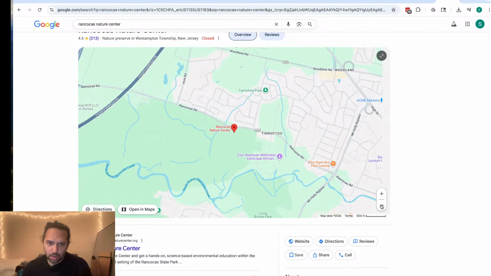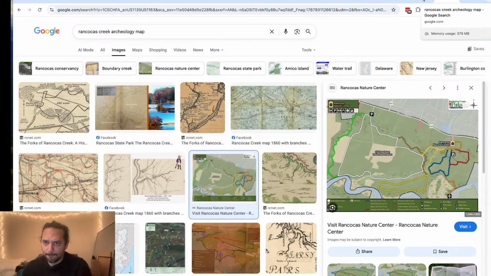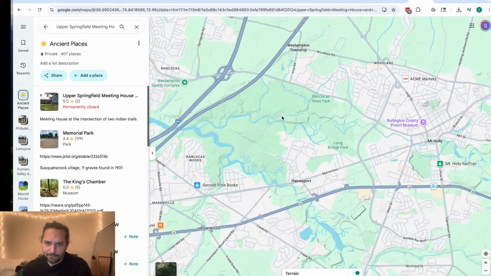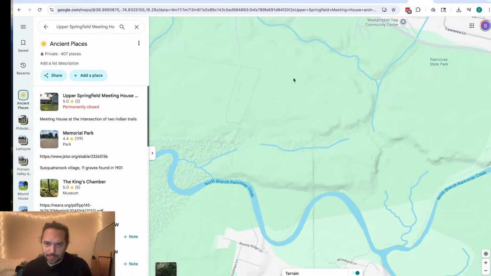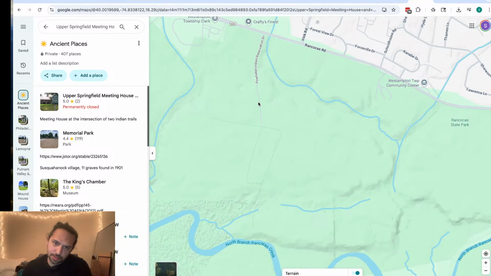Oh my lord. Okay. So, that is the site of the Powhatan Indian Reservation. Shoot, we gotta put a marker there. Oh my gosh. Okay, of course.